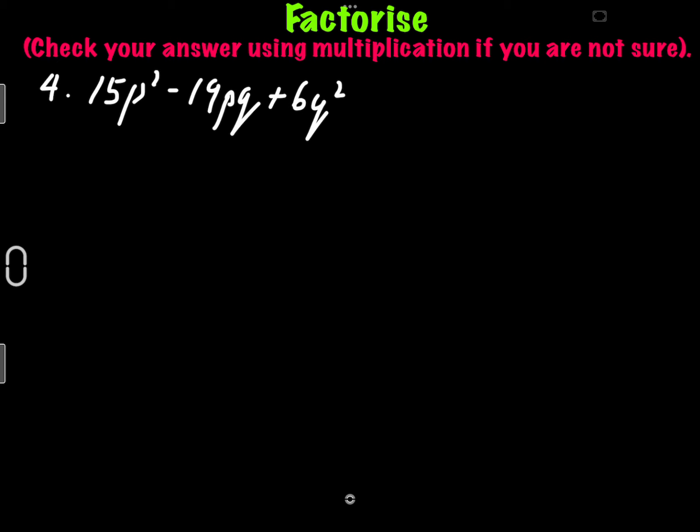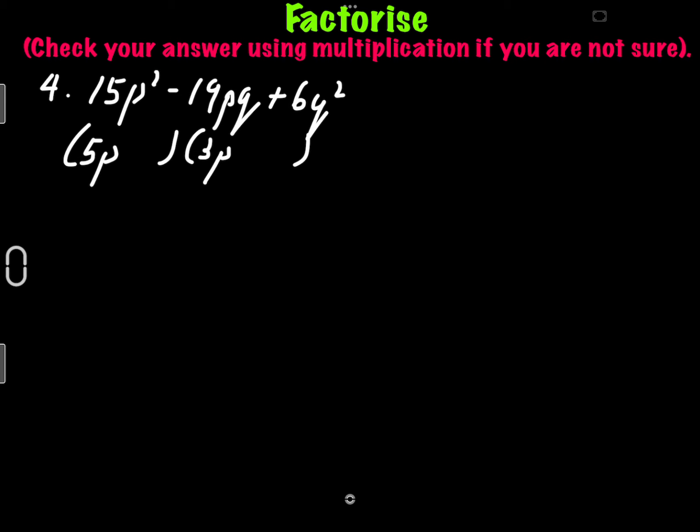Now, when we factorize this, the first thing that we need to do is to have our parentheses, and we know that 5p multiplied by 3p will give us 15p squared.